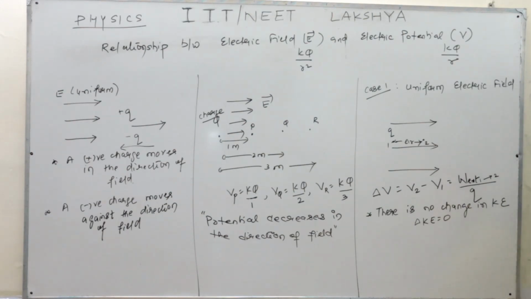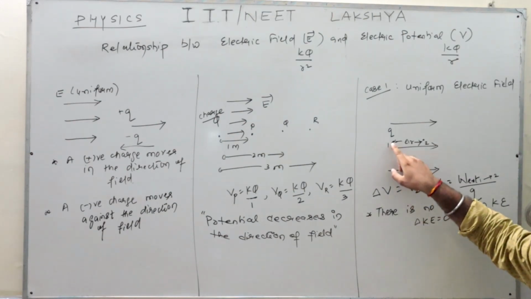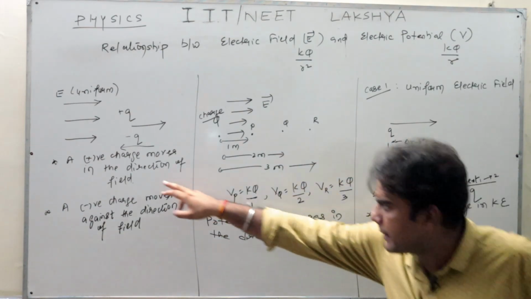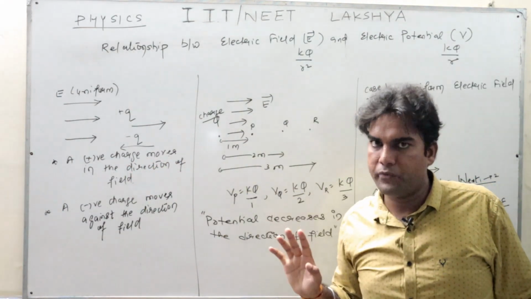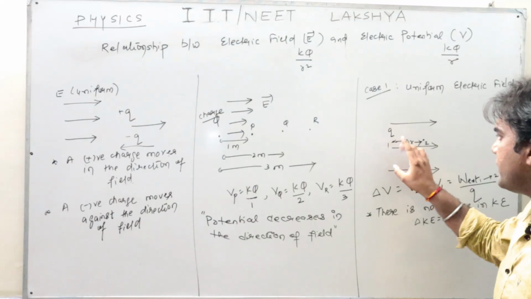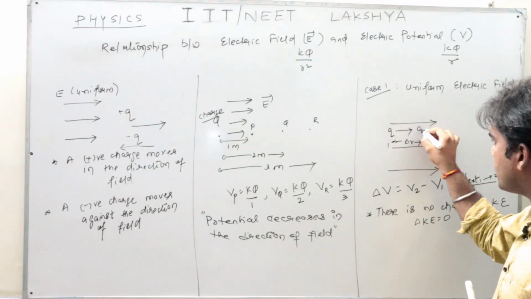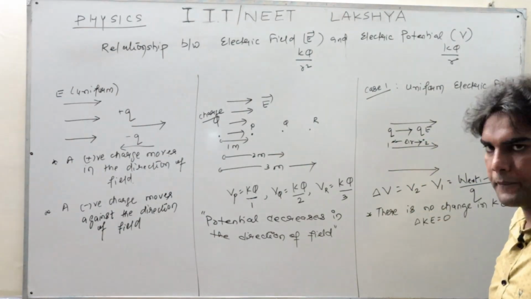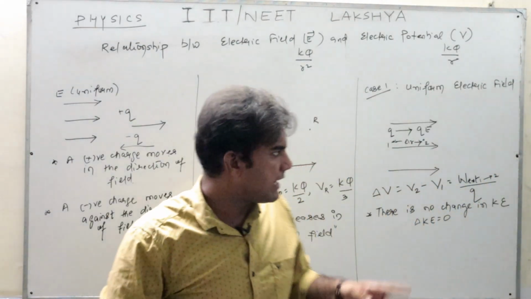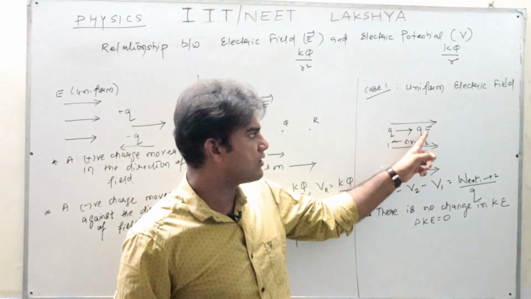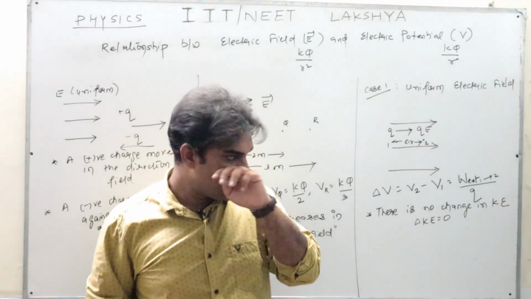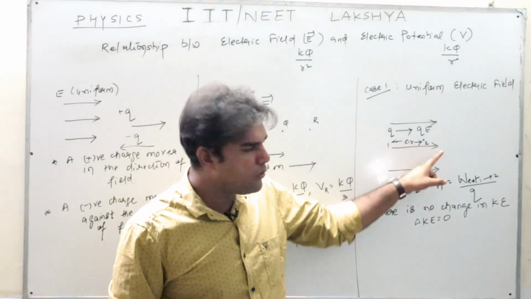So if you see carefully now, this positive charge is there. You are saying that a positive charge moves in the direction of the field. And this positive charge, if it is kept here, automatically it will move in this direction. Yes or no? Because of what force? Because of the force QE. The positive charge which is kept here will automatically move in this direction because of the force QE. But it should move in that direction.